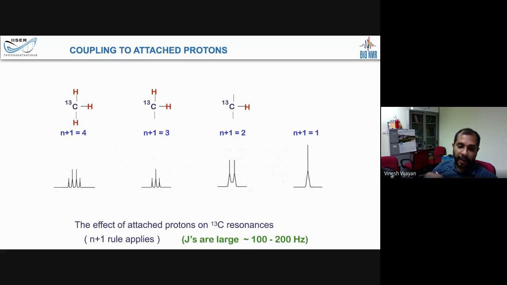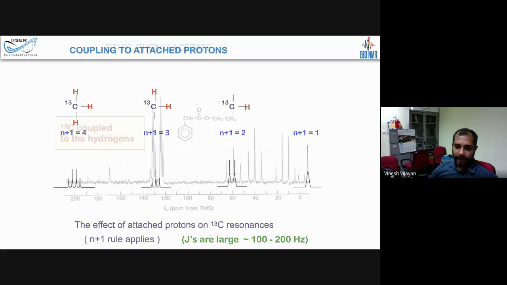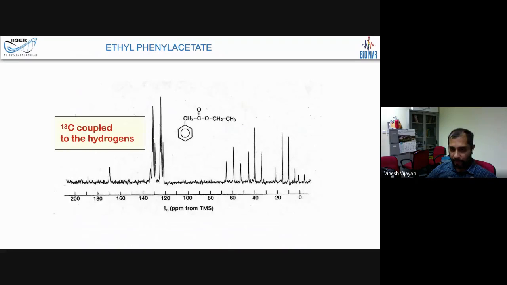However, that will be very bad. So let's look at this molecule. This is again an ester, and you see how many carbons are there: 6, 7, 8, 9, 10. 10 carbons here, and you see such a huge pattern, more than 10 peaks, definitely, right? Now, this is not what we intended. Why is it?